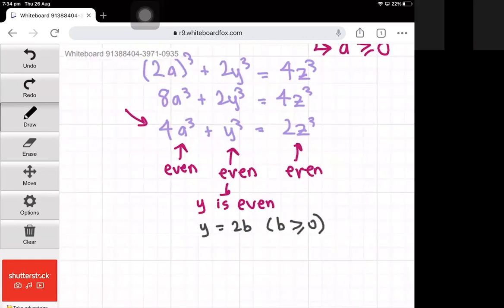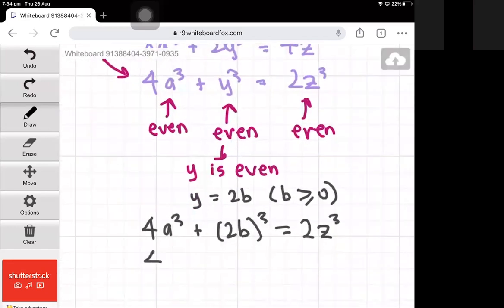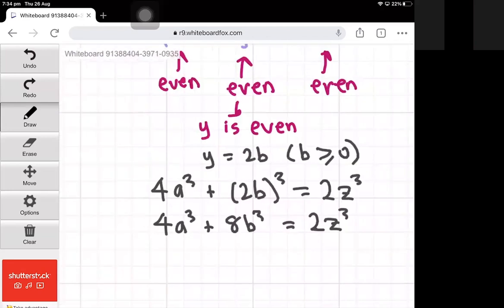If we substitute y equals 2b, we have 4a cubed plus 2b all cubed equals 2z cubed, which we can rewrite as 4a cubed plus 8b cubed equals 2z cubed. Now we divide both sides by 2, and we have this.